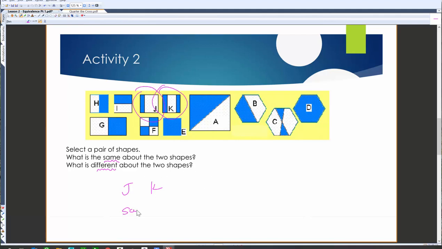So what's the same? Well, it's what it represents. So J and K is the same size. What we have, or what it represents though, is different proportions. If blue, say, is what we have, or if the white part is what we have is different.